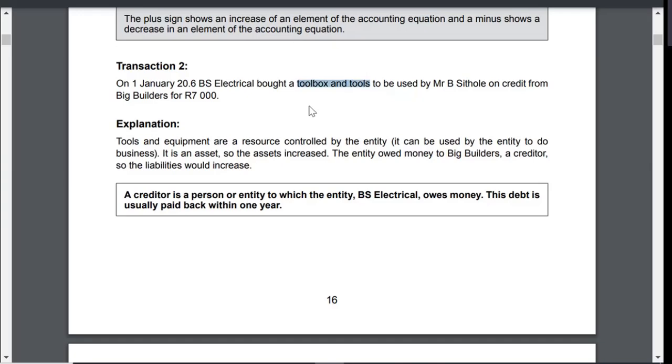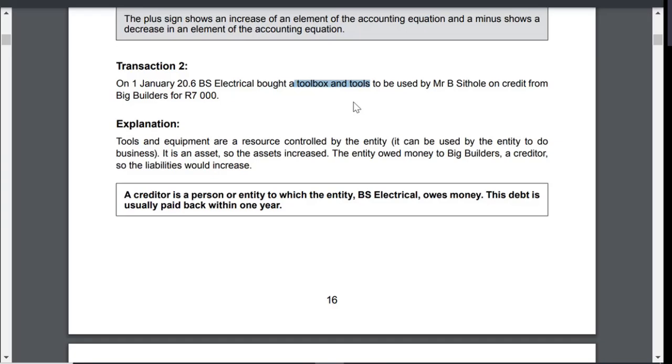This will be useful, especially if you understand the form of business of the company. Because this is BS Electrical and the owner is an electrician. So if he buys toolbox and tools, what is that to the business?